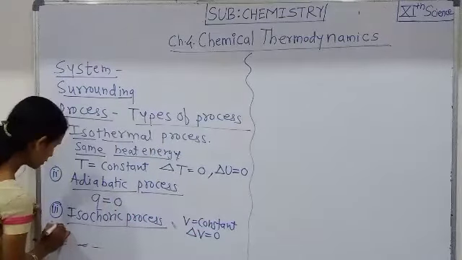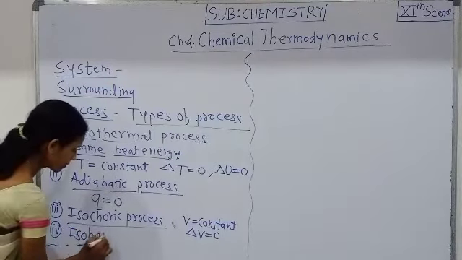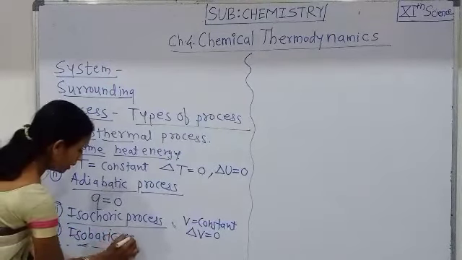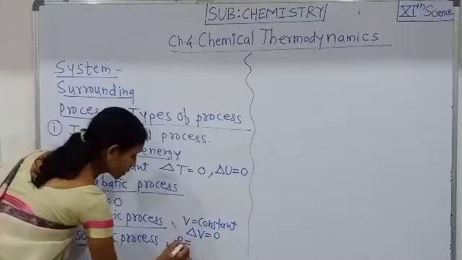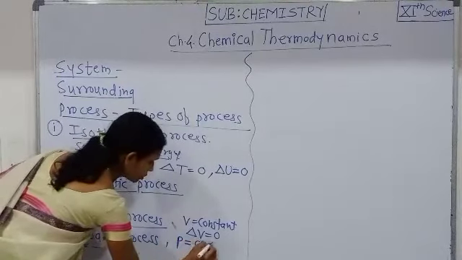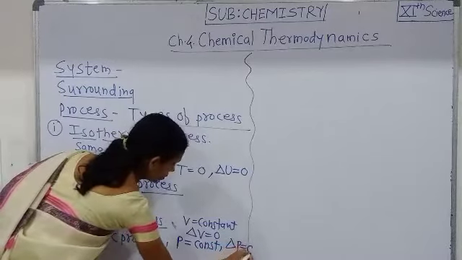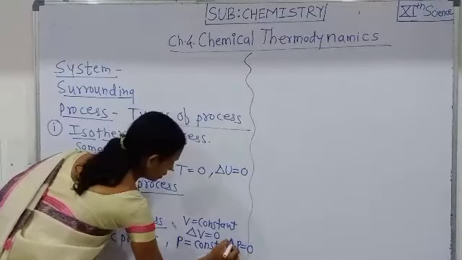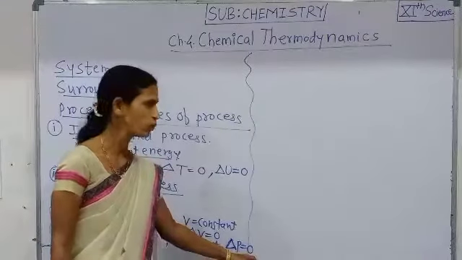And the last one, the isobaric process, in which the pressure of the system remains constant, and therefore delta P is 0. That means the change in pressure is 0.